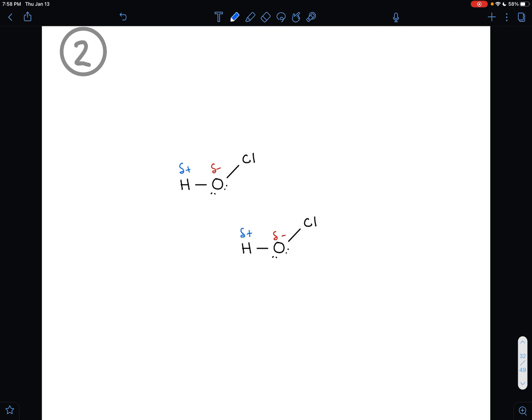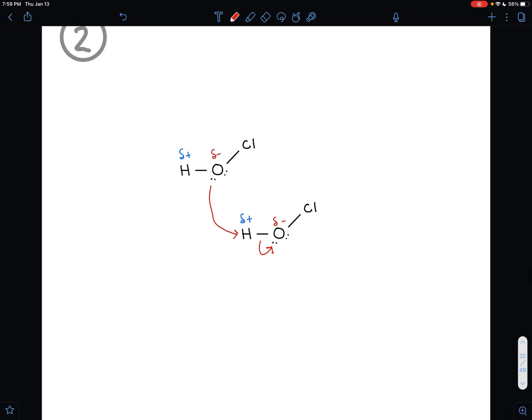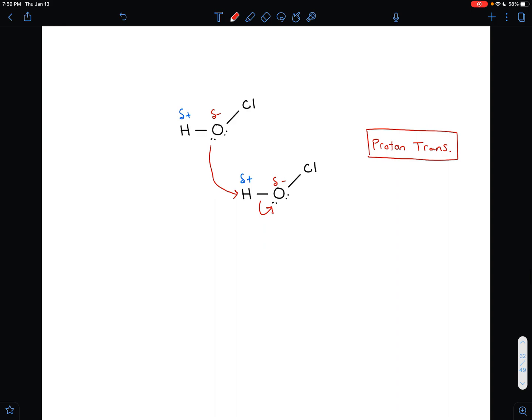And that's what causes the proton transfer. The slightly negative oxygen atom steals the hydrogen from another of the molecules. The electrons that were holding on to the oxygen go to the most electronegative place nearby. That's the oxygen on the other molecule there, and this is a proton transfer. We're moving an H plus from one molecule to another.